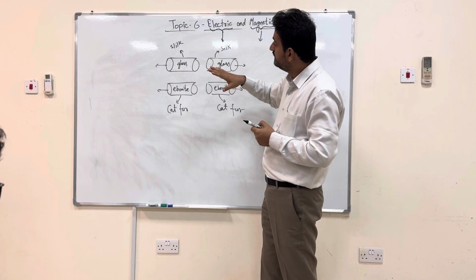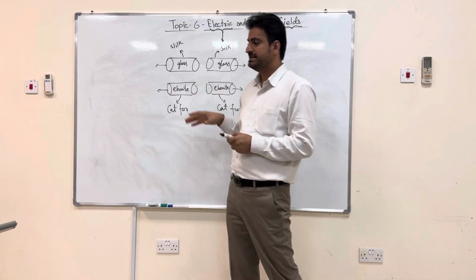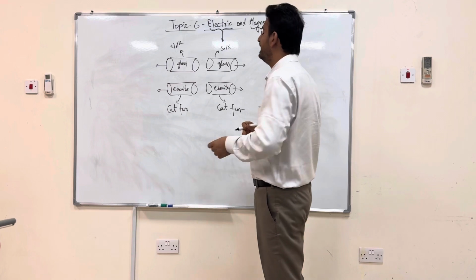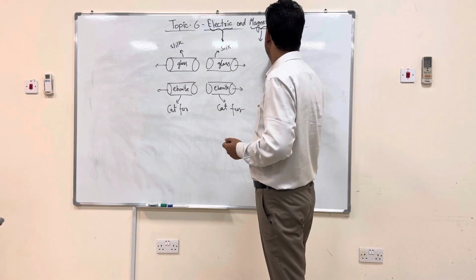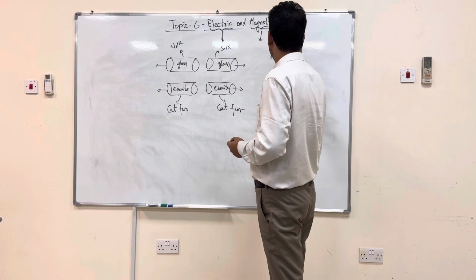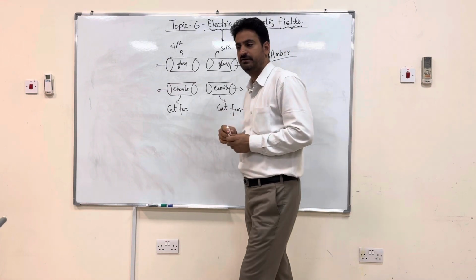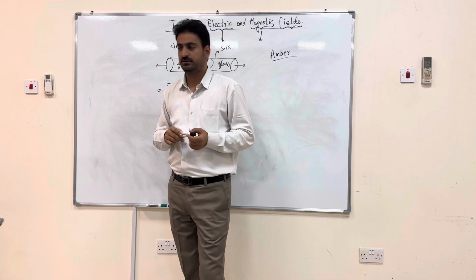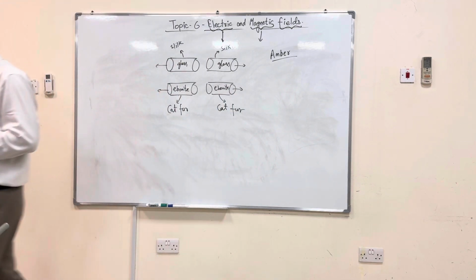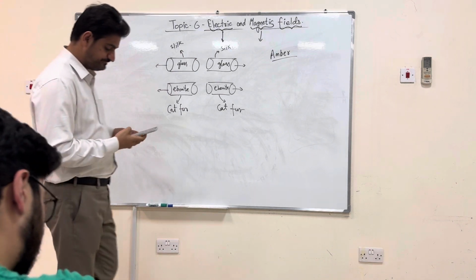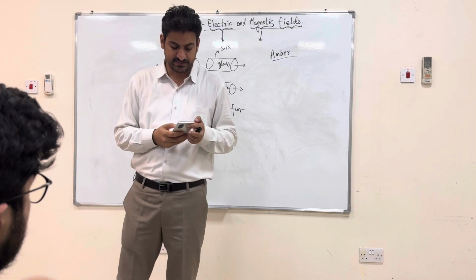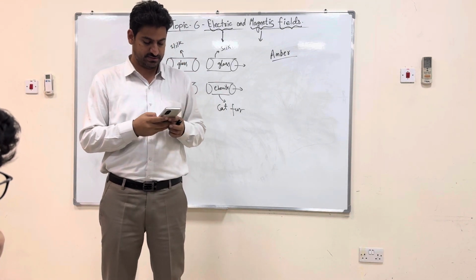But when we look at a particular thing that happens to be on the trees, that's amber. Do you know what amber is? Have you ever seen amber? Let me show you amber. Amber is something like that.